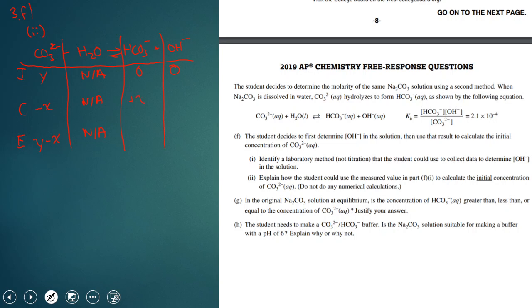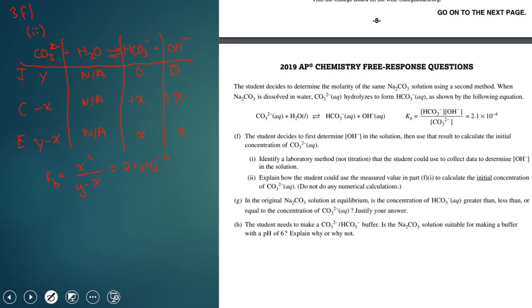We're going to add X, and so we're going to be left with this. And so our Kb expression is going to be equal to X squared over Y minus X, and this is equal to 2.1 times 10 to the negative 4.